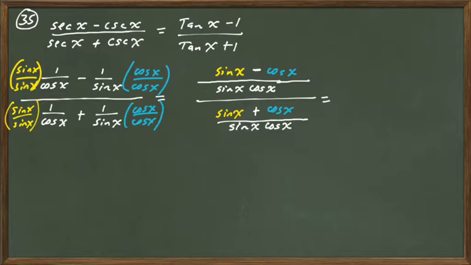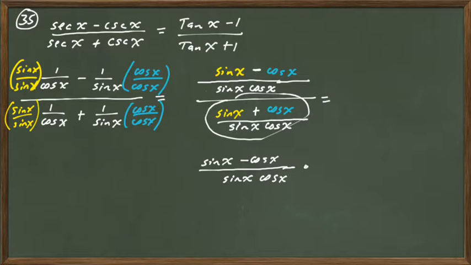So I have sine of x minus cosine of x all divided by this part here, which is sine of x times cosine of x. How do you divide by this fraction? Well, you multiply by the reciprocal. So this becomes sine x cosine x all over what? Sine x plus cosine x.